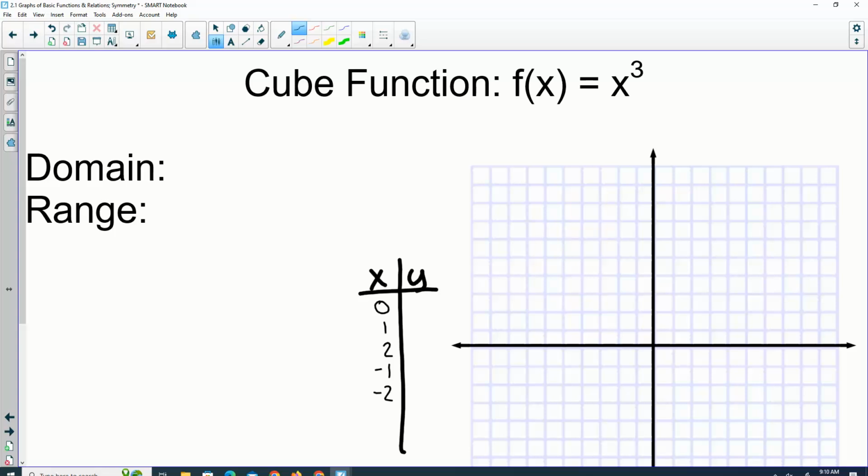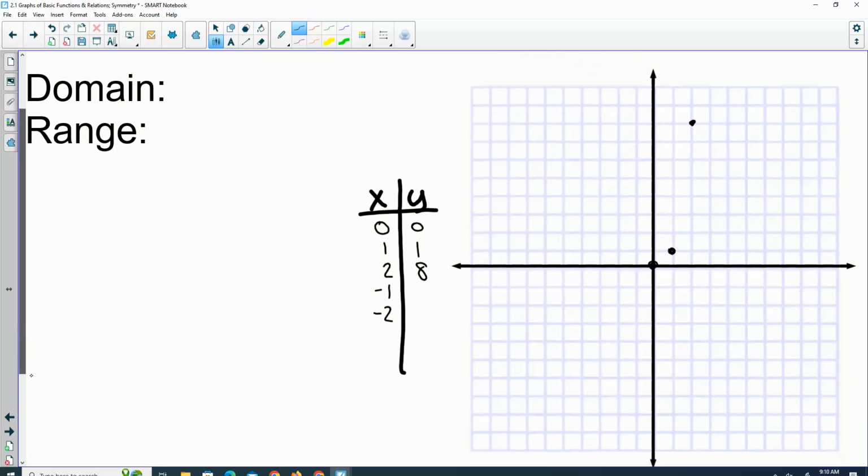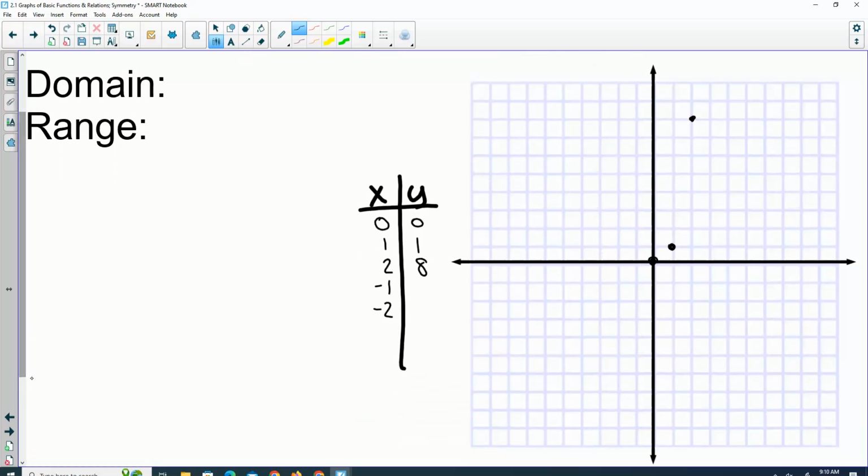So 0 cubed is, 1 cubed is, 2 cubed. Negative 1 cubed. Almost. Negative 1 times negative 1 is positive 1 times another negative will give you a negative. Negative 2 to the third.